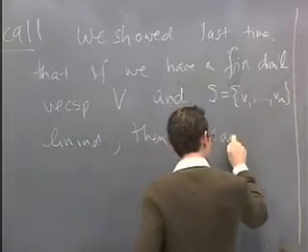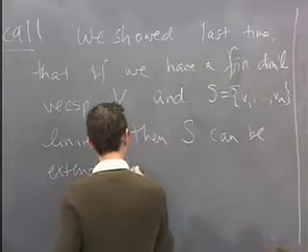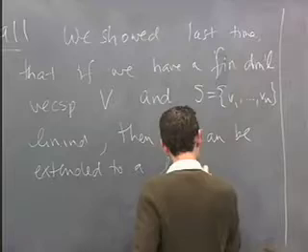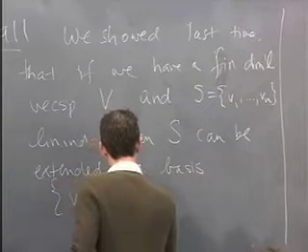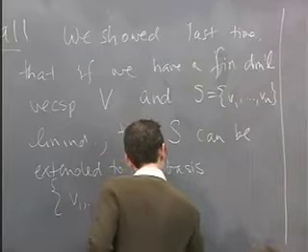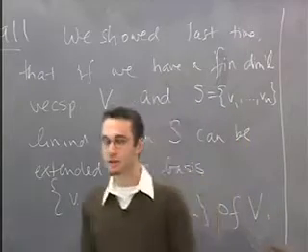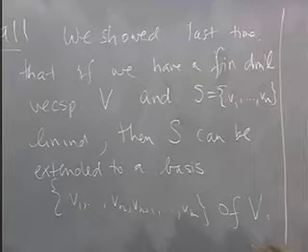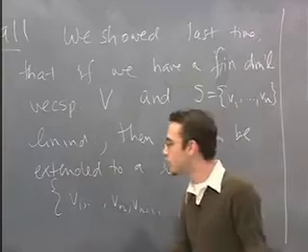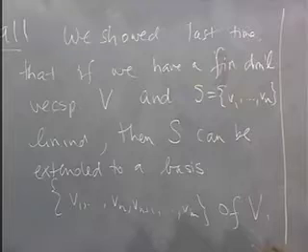Then S can be extended to a basis v1, ..., vn, vn plus 1 up to vm of V. Now this looks at first like some sort of simple, obvious result, and the proof wasn't very hard in some sense, but nonetheless, this is a very, very important result insofar as it completely informs the way we think about manipulating vector spaces.